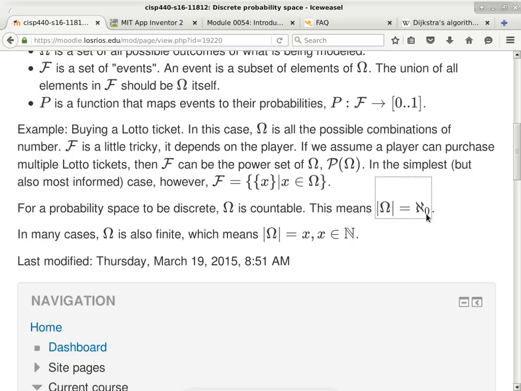That means the cardinality of 3D space, where coordinates are all natural numbers, is just aleph 0. It's not any worse or better than just natural numbers.